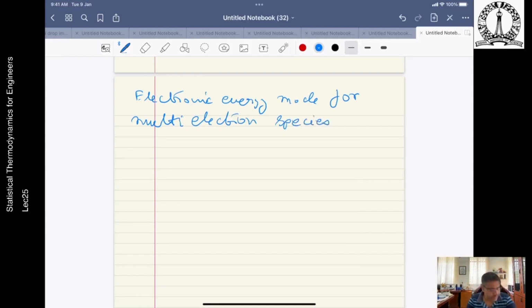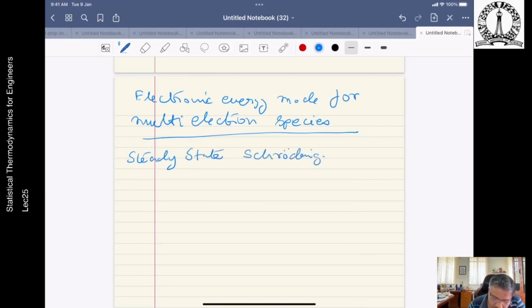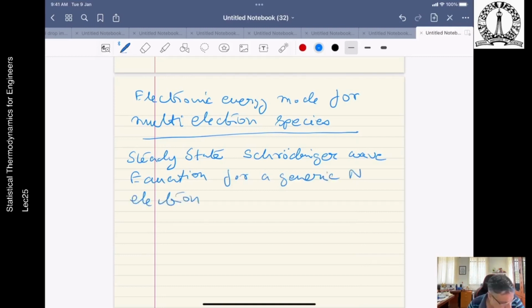Again, for doing this, we write the steady state Schrodinger wave equation for a generic n electron atom with nuclear charge Z at the origin.